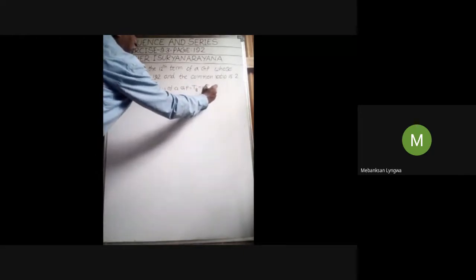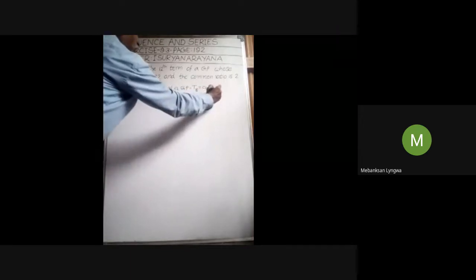Let us write the given data. Given 8th term of a geometric progression, that is T8, that is equal to A8. Okay, my children?